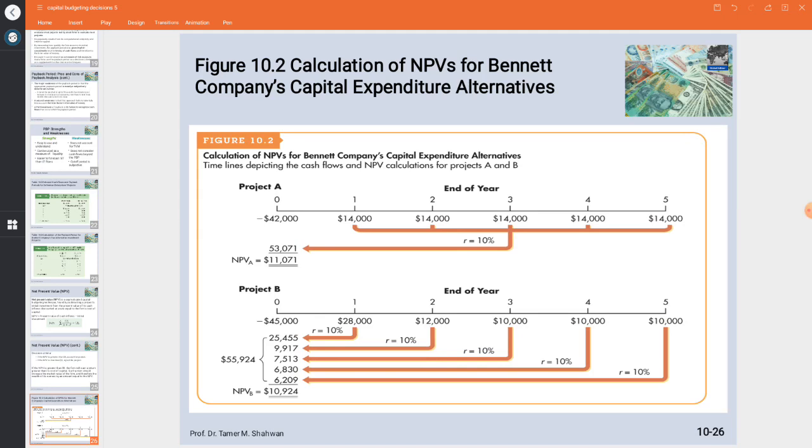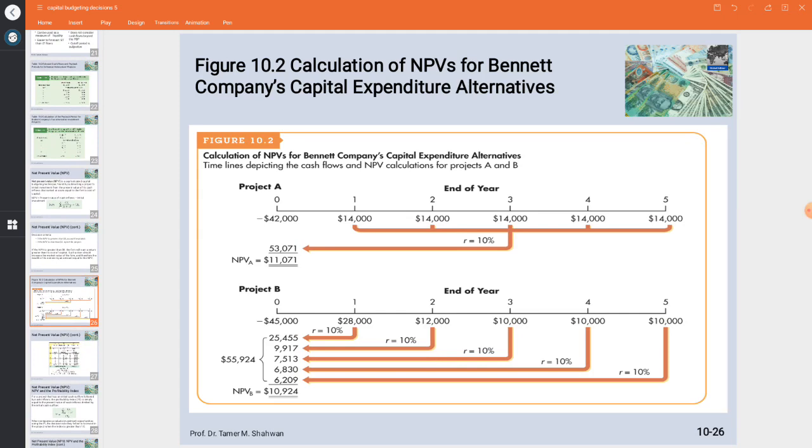Also, you must determine whether you have unlimited funds or capital rationing, because this will also affect your decision.